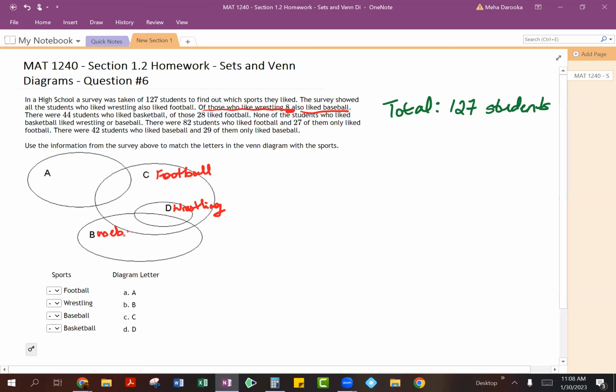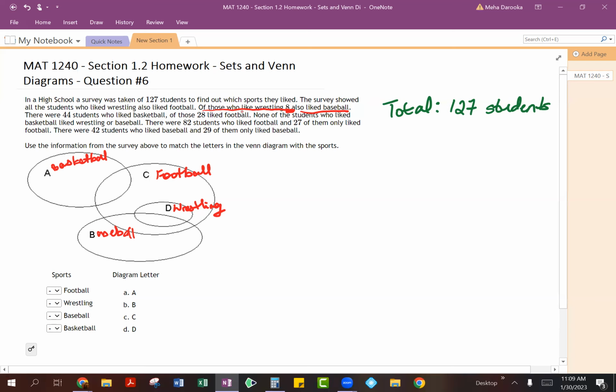And if B represents baseball, then that only leaves us with circle A, which is going to be the last one, basketball. So we can start by identifying each one of these circles, and now we'll start working with numbers.